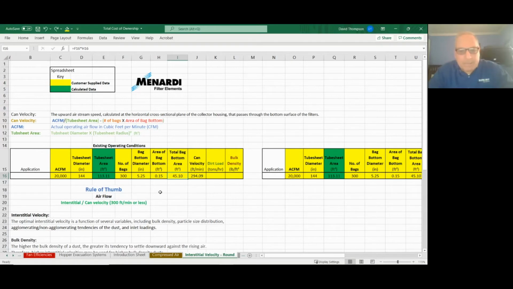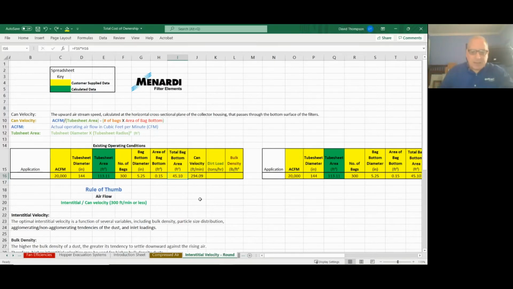So key to know is the bulk density of material, and can it fall off and be evacuated. If it can be, and the system's operating cleanly, then it's going to be much more efficient. Again, overpulsing uses a lot more power and a lot more air to get these things to clean properly, and in the end, they may not clean right at all.